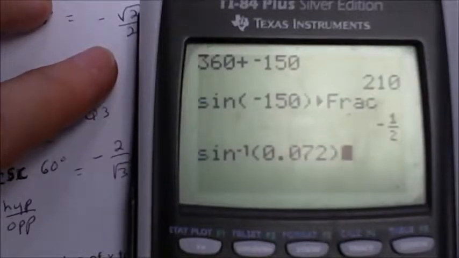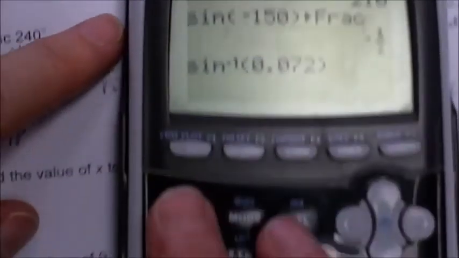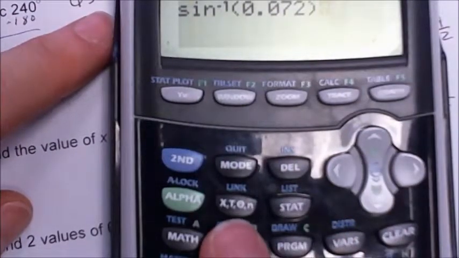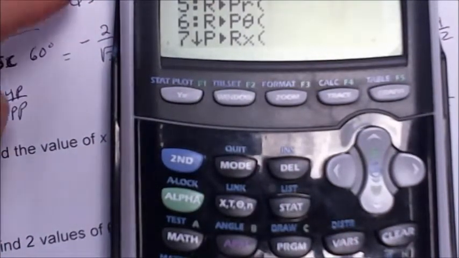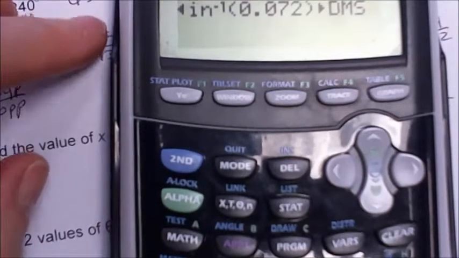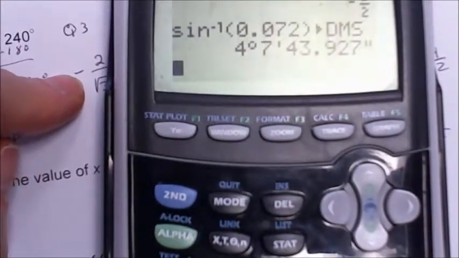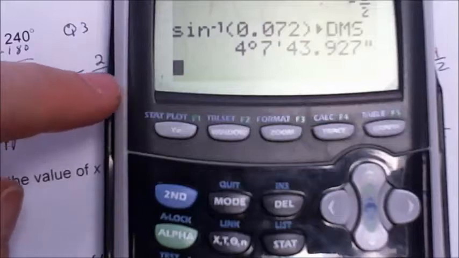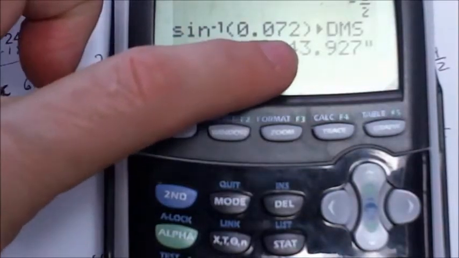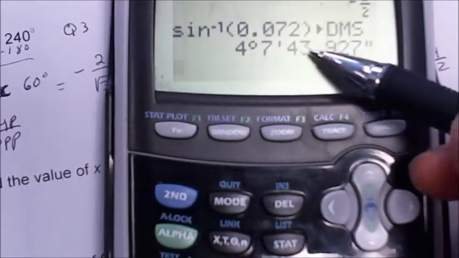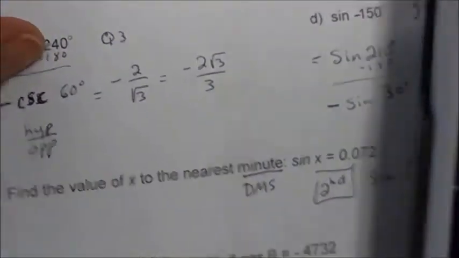Now we want to DMS that, so we're going to press second angle. Second angle, option 4, will give us a DMS version. So it looks like it's 4 degrees, 7 minutes, and 43 seconds. Well, let's write that down.